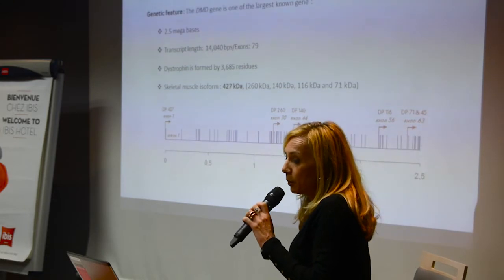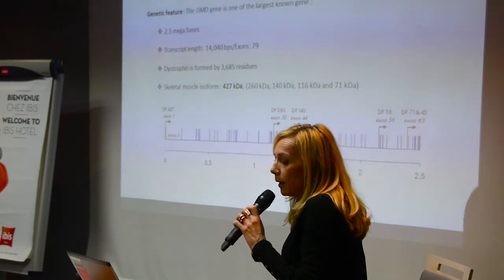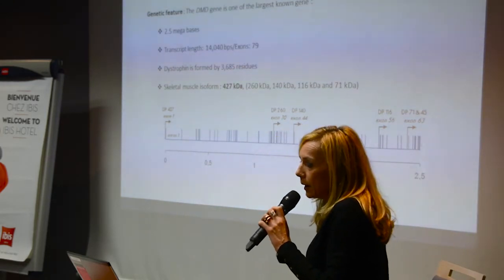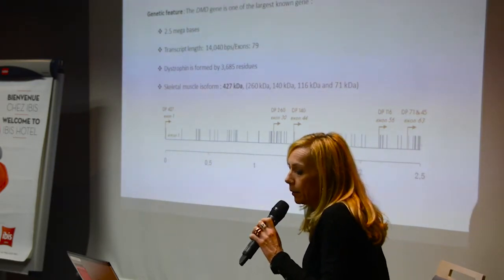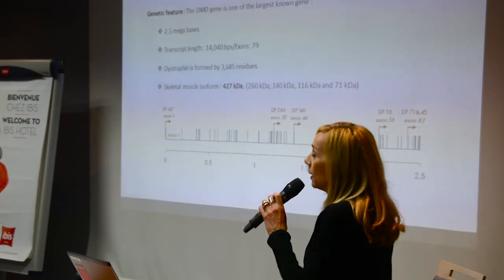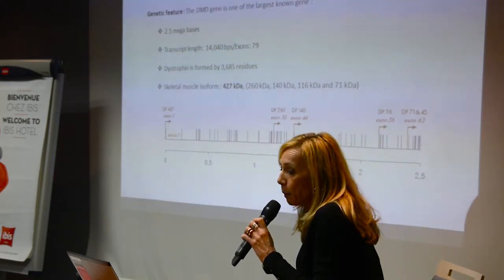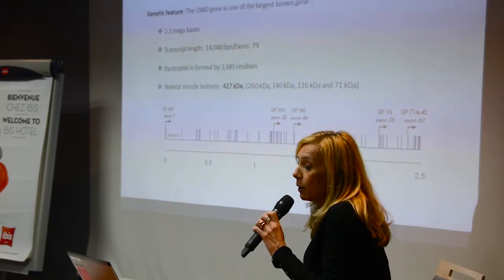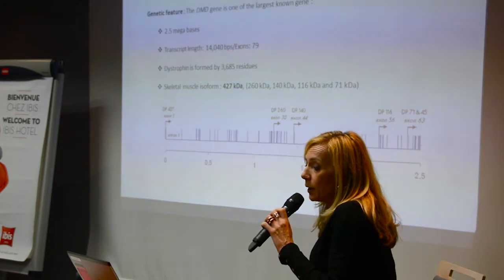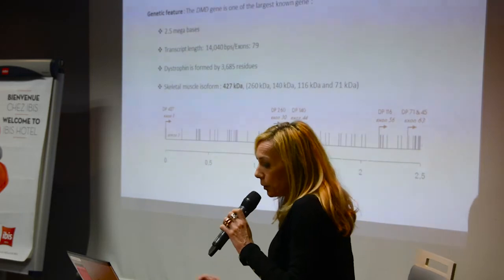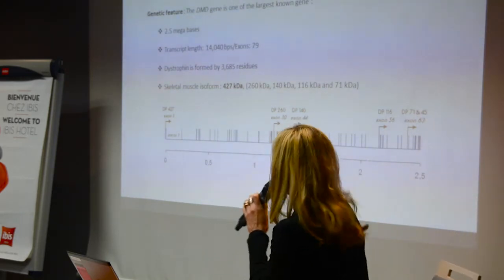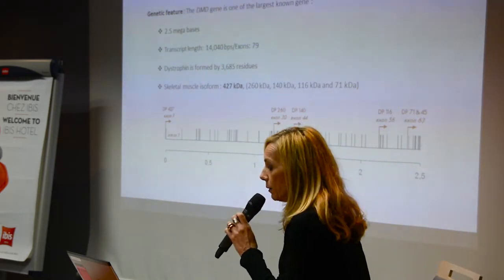And the transcript of this gene is composed of 79 exons and more than 14,000 base pairs. So dystrophin is a large protein, and the skeletal muscle isoform is the 427 kDa isoform.